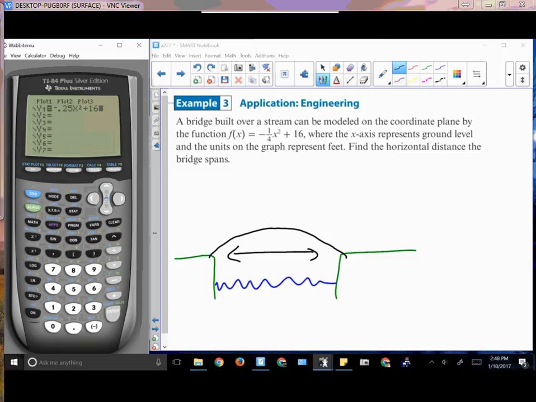Now, if I really don't understand where this thing is going to go, I can just simply hit graph. Okay, I see it come up, and I see it go down. Now, if this is supposed to be a bridge, do I care about the peak of it, where that's at right now?